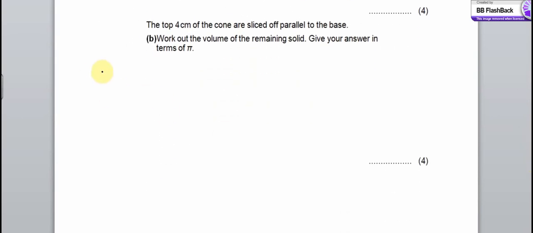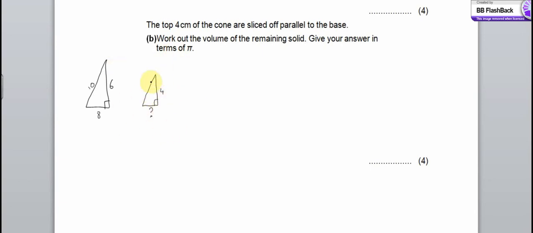Now, if the big cone looks like this, half of the big cone I should say, remember it was 6 high, we just worked that out. The radius of it is 8 and the slant height is 10. Then the little top cone, well, we know it's 4 and we want to know the radius.